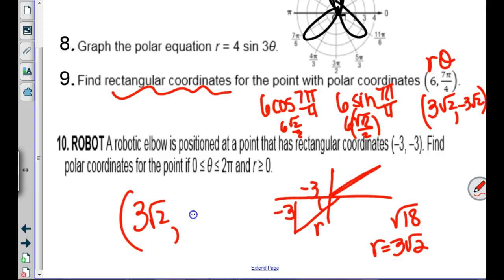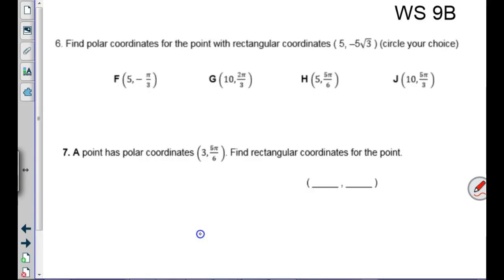Yeah, I would need to add 180. It would actually be an exact answer of 5 pi over 4 because it's a 45-45, but I'm okay with a decimal as well. Okay, so when you're changing from rectangular to polar, you need Pythagorean theorem and inverse tangent.